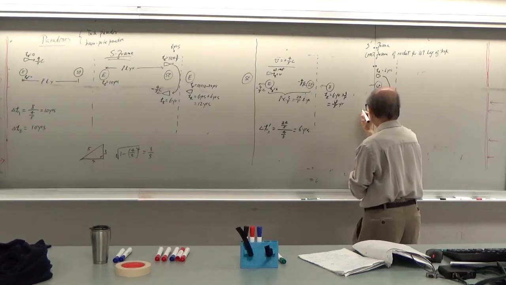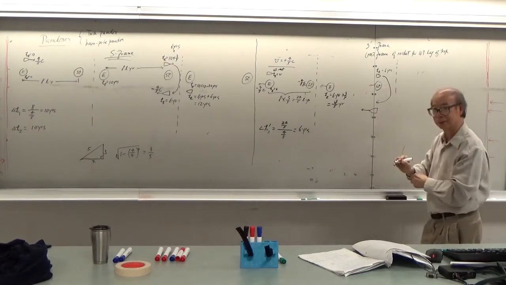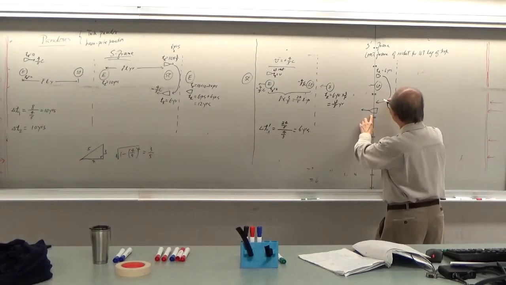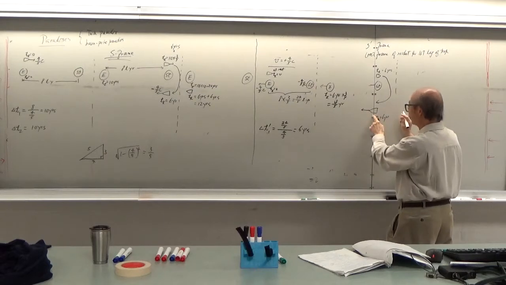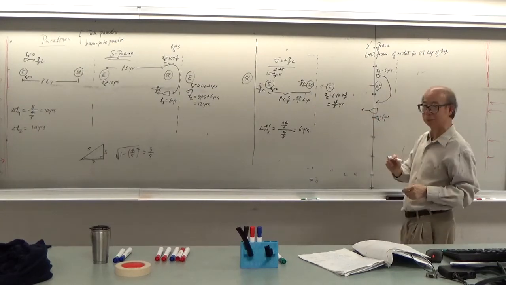So the question is, what is this velocity? What is this speed? And we're going to calculate that. But to start with, the clock reading on the rocket ship is 6 years at the beginning of the return trip.